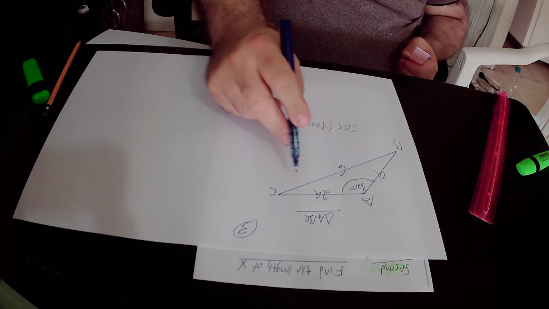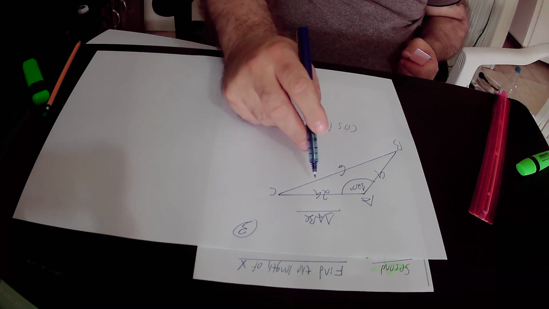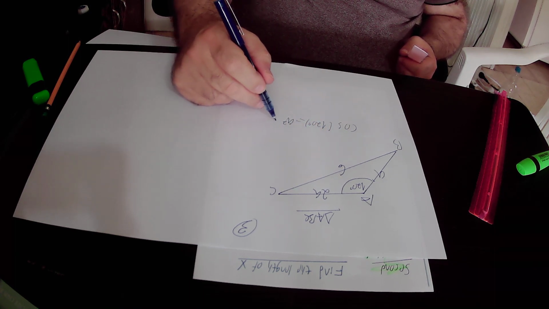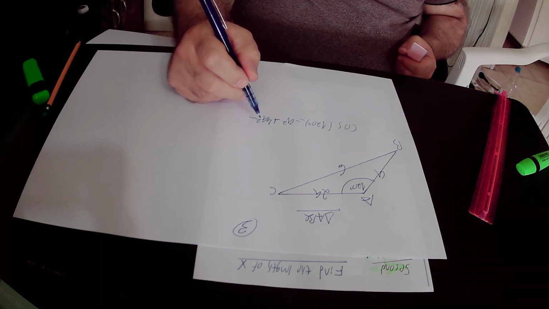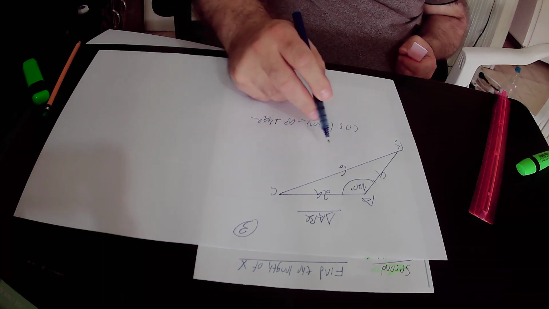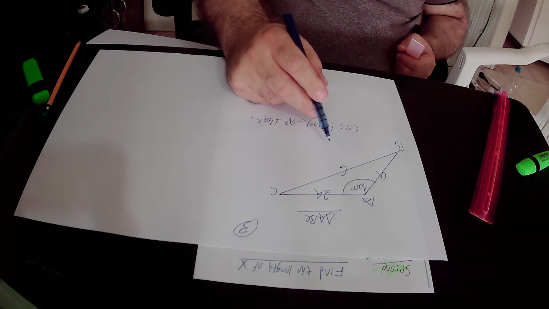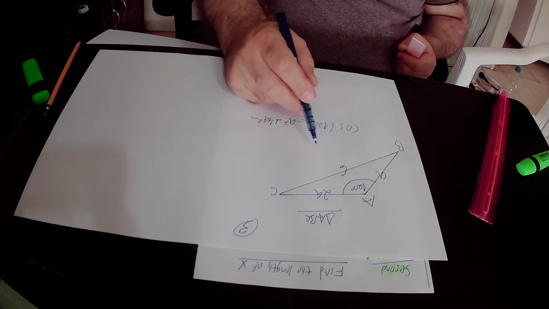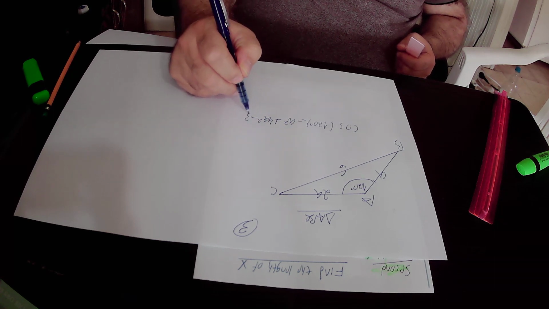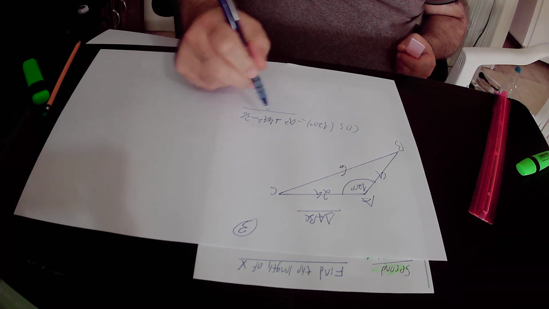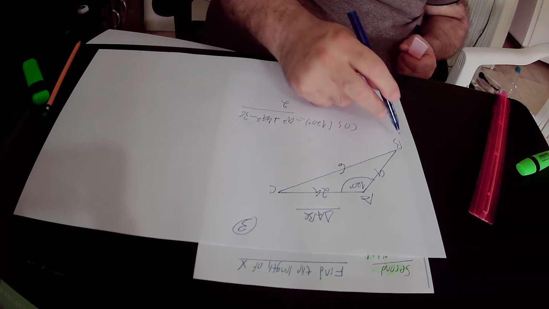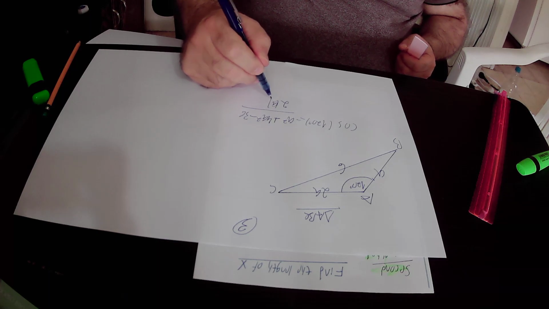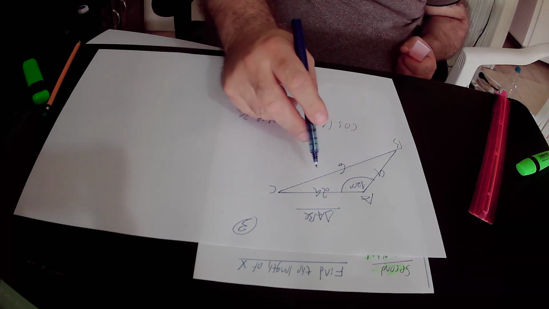B squared is AC squared, and AC equals 2a, so it is 2a squared, which is 4a squared, minus c squared. BC equals 6, so BC squared is 6 squared, that is 36, over 2 times a times b. A is AB, that is a, and b is AC, that is 2a.